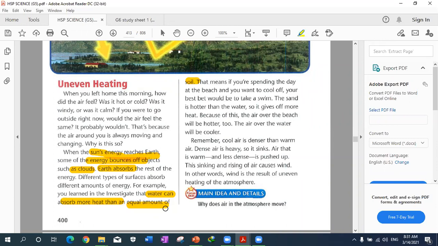Because sand is hotter than the water, so it gives off more heat. Because of this, the air over the beach will also be hotter, because air touching the earth will get hot. So the air over the water will be cooler.